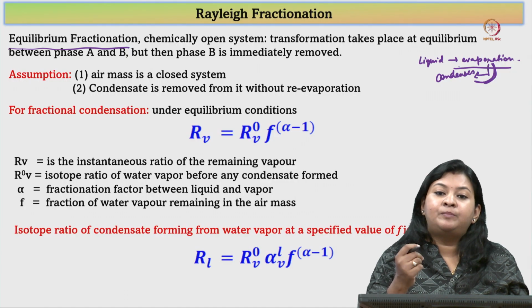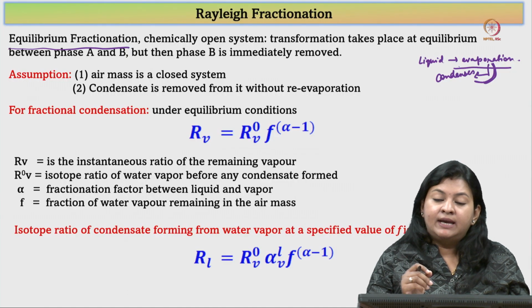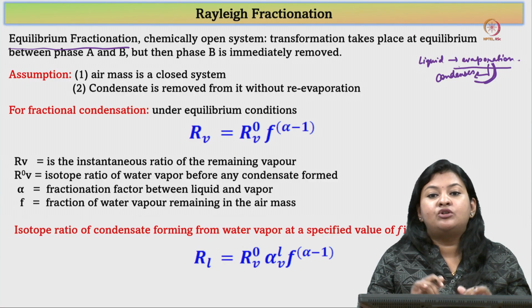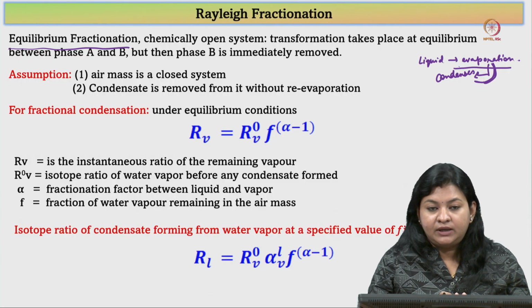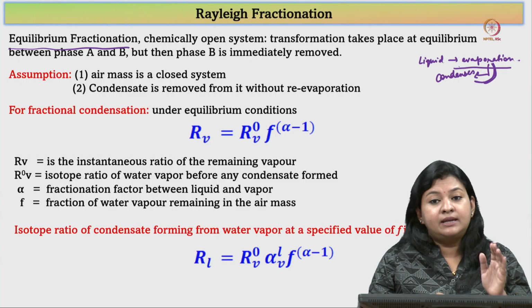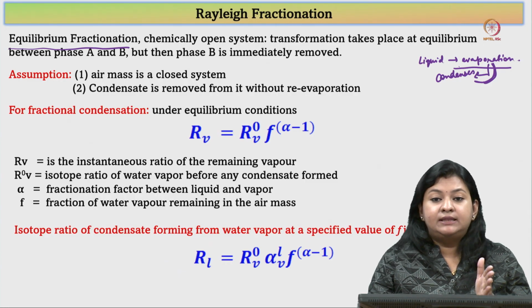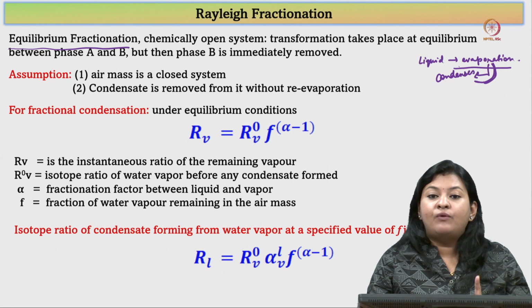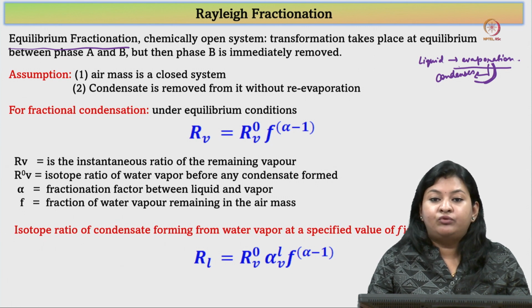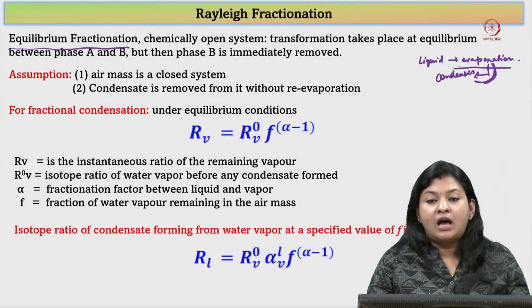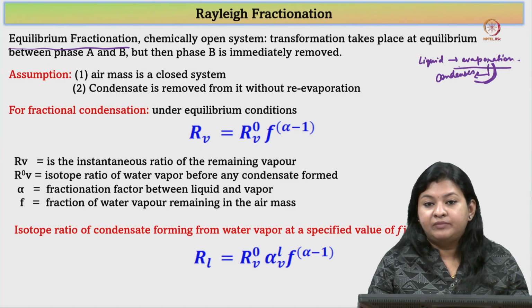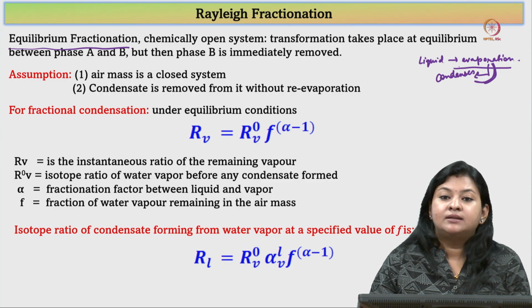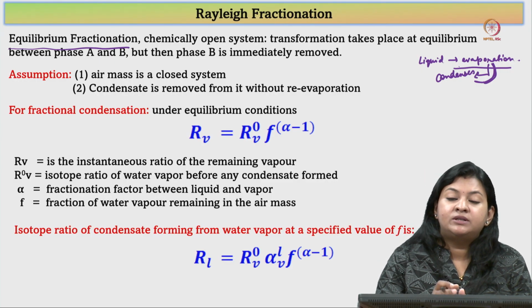But a significant proportion of the rainfall gets evaporated in the atmosphere itself when the raindrops are falling. Okay. So, this is not happening in our Rayleigh fractionation. We are taking the assumption that no such evaporation of the raindrops or of the snowfall is going to affect our air mass.